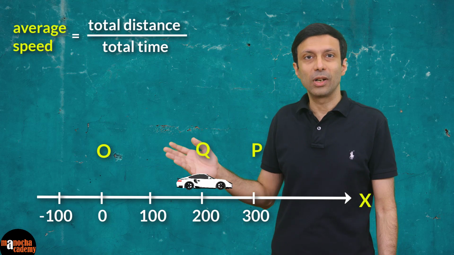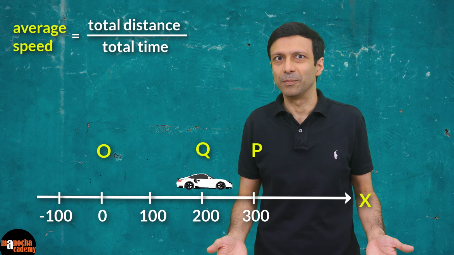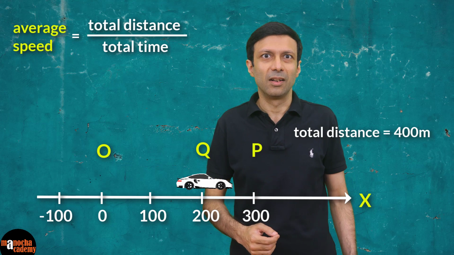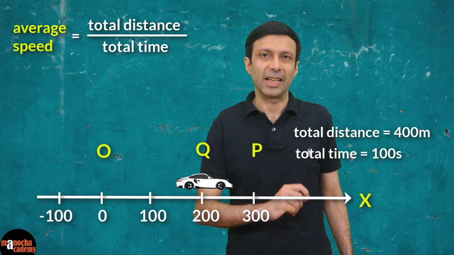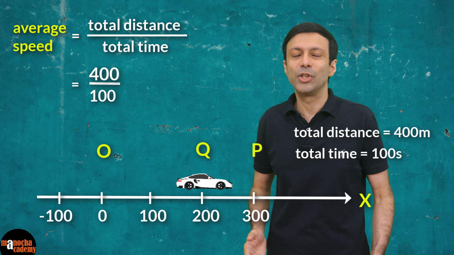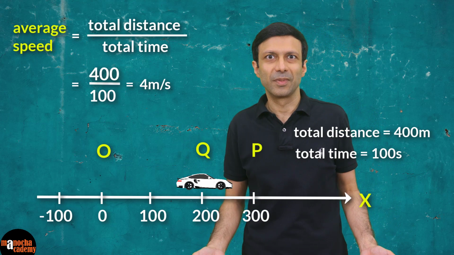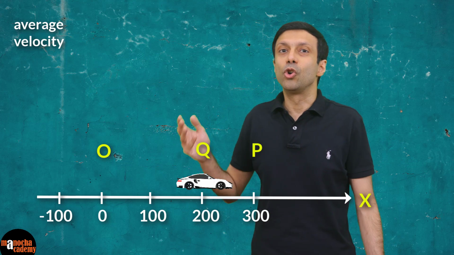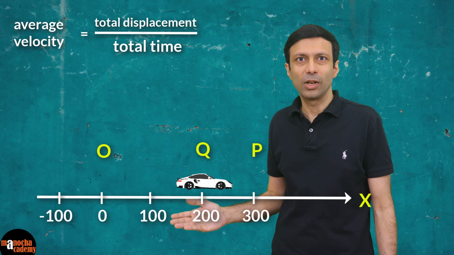Average speed is total distance divided by the total time. The total distance here we calculated was 400 meters and the total time was 100 seconds. So average speed is going to be 400 divided by 100, which is 4 meters per second. Now how do you find the average velocity? Again, use the formula total displacement divided by total time.